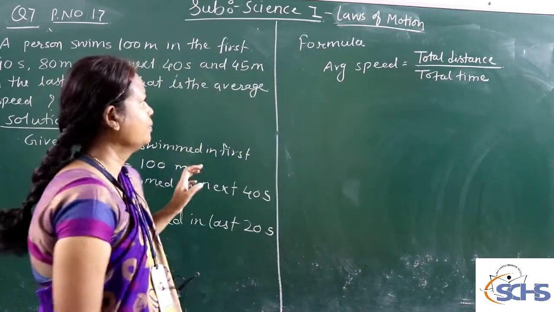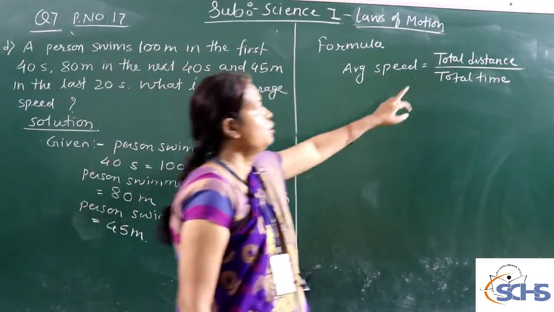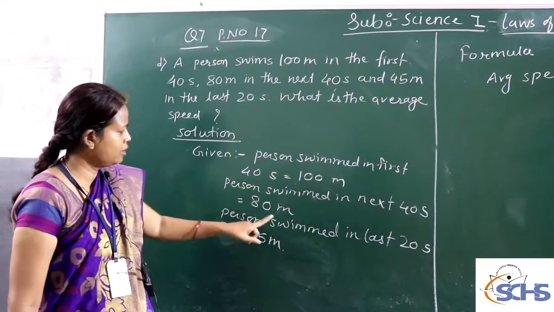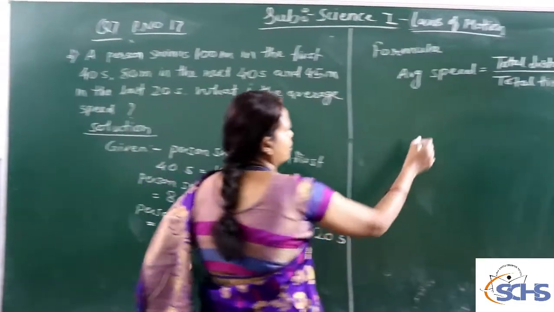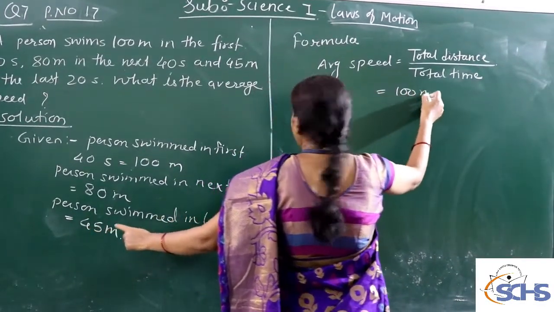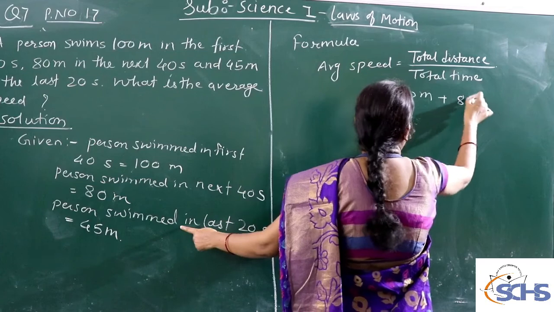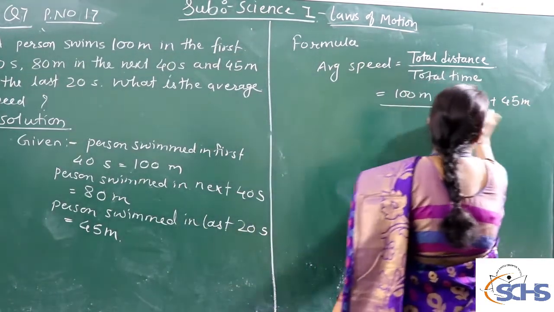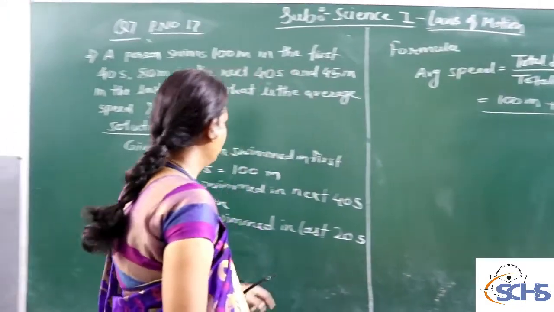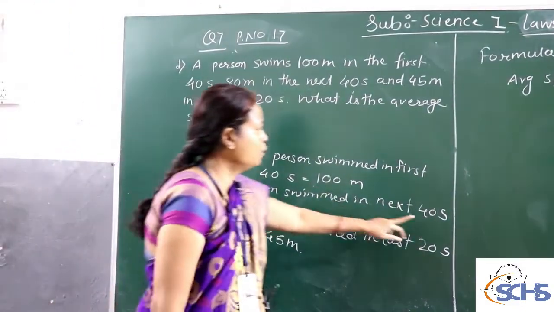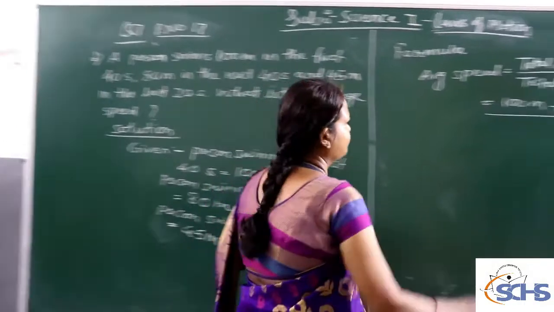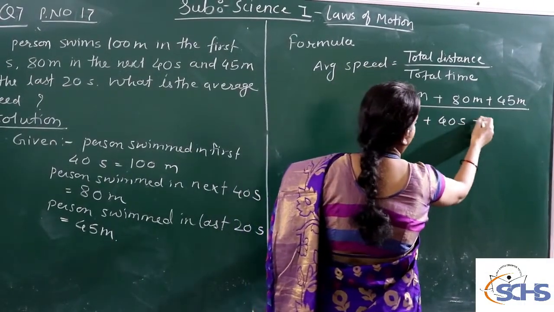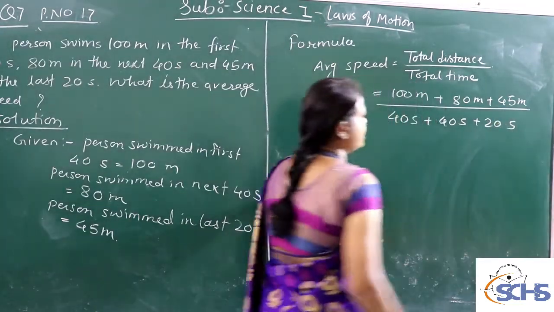How much time and how much distance we have to put in this formula. See the distance: 100 meter, 80 meter and 45 meter. 100 meter plus 80 meter plus 45 meter. It is divided by total time. Total time 40 second, 40 second and 20 second. 40 second plus 40 second plus 20 second.